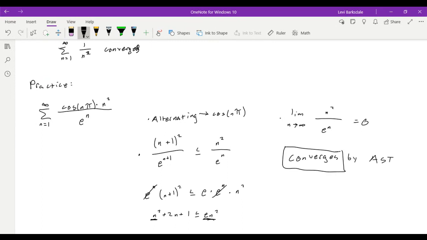If we wanted to determine absolute versus conditional convergence, we do have a couple of options. I would probably approach this one using the limit comparison test. You could simply compare it to the series 1 over e to the n, because then your n squared is insignificant when compared to your e to the n.